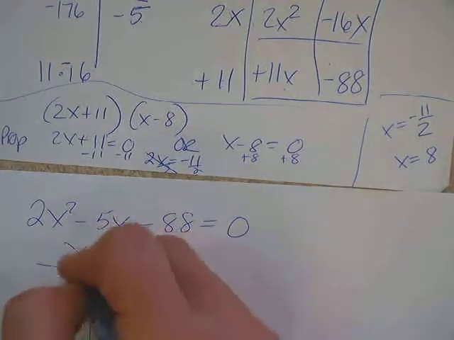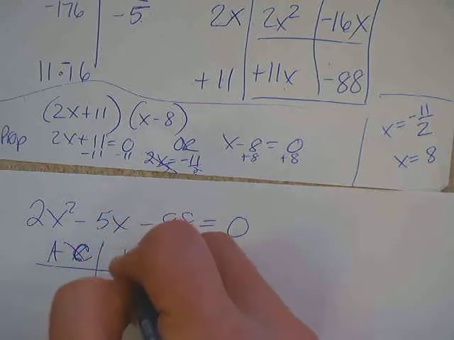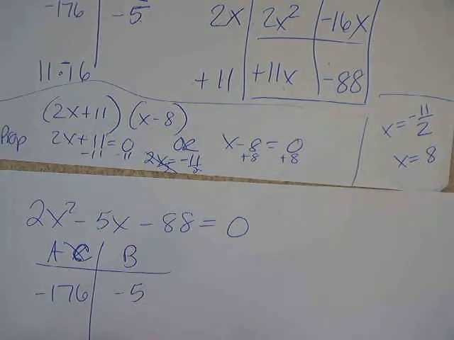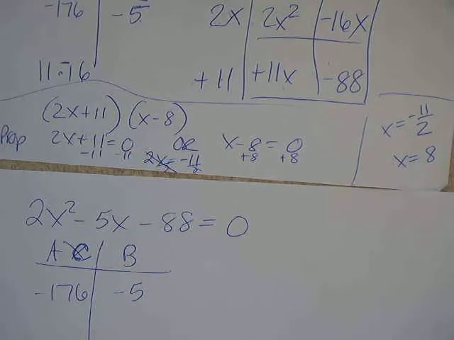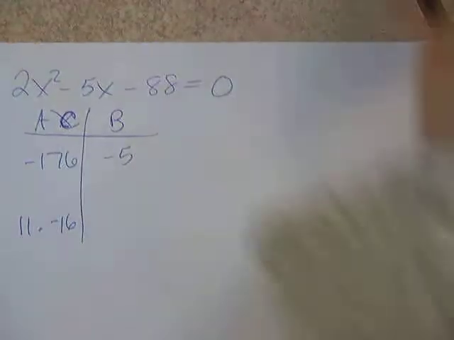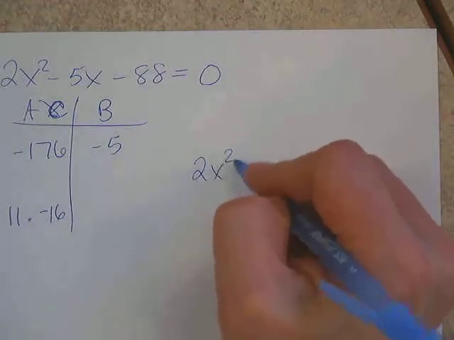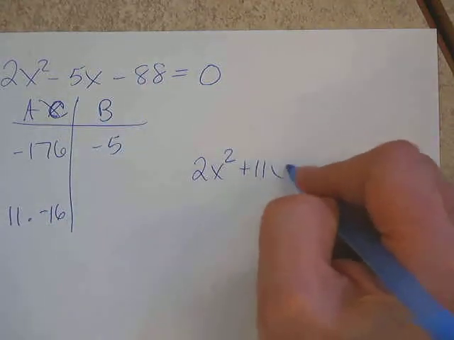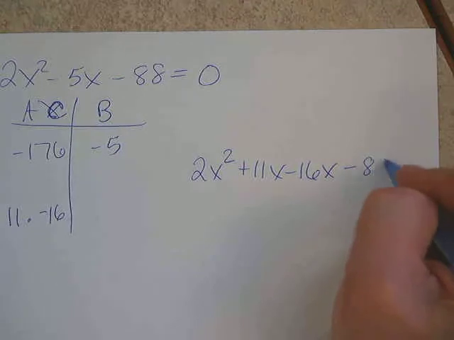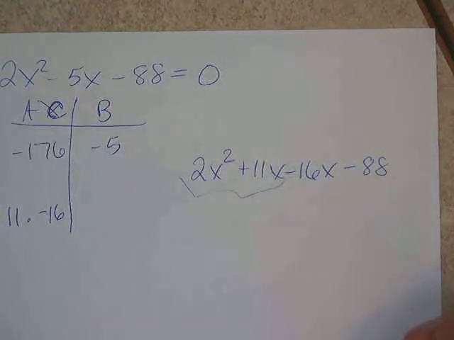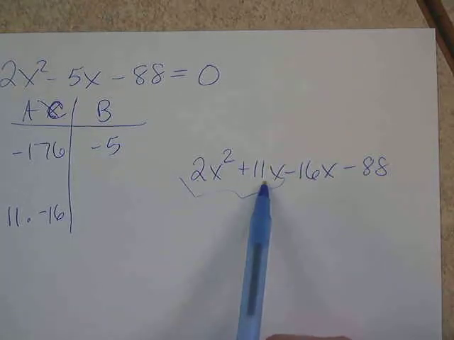We said 11 times negative 16. All right, so if you're using the grouping, then you'd have 2x squared. You'd replace negative 5x with these, plus 11x minus 16x minus 88.